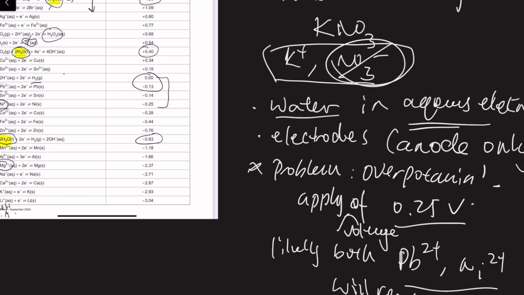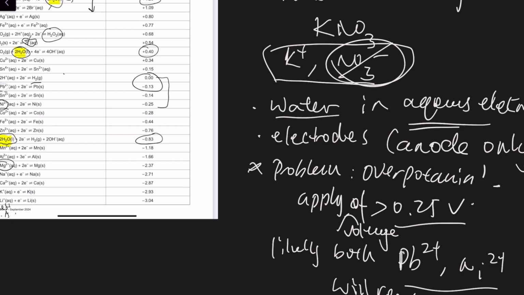Because with 0.25 volt, or even something greater than 0.25 volt, it is possible that both reactions would occur. So if you only want to produce lead metal, you should only apply a voltage of 0.13 volt.